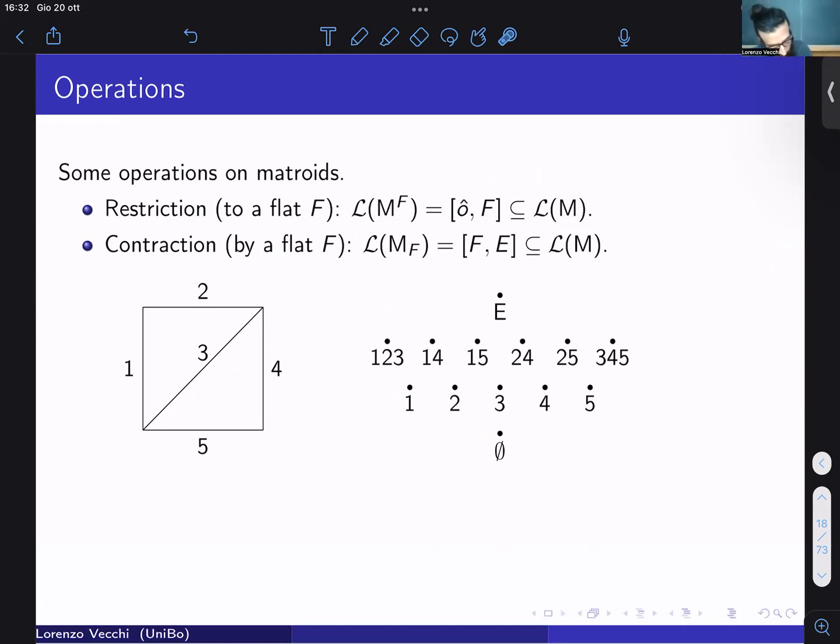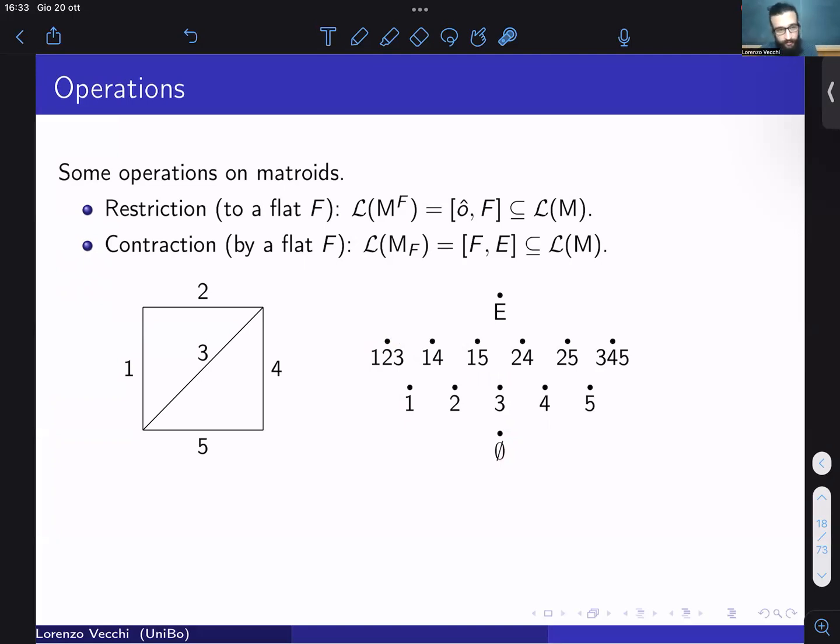So for example, if I want to restrict to the flat 1, 2, 3, which is this subgraph in this graph here, the statement is that if I want to build its lattice of flats, I can just look at the interval in the lattice of flats here. So this will be the lattice of flats of the restriction.